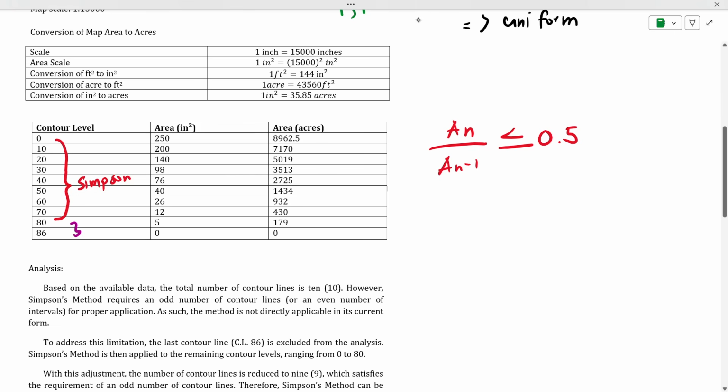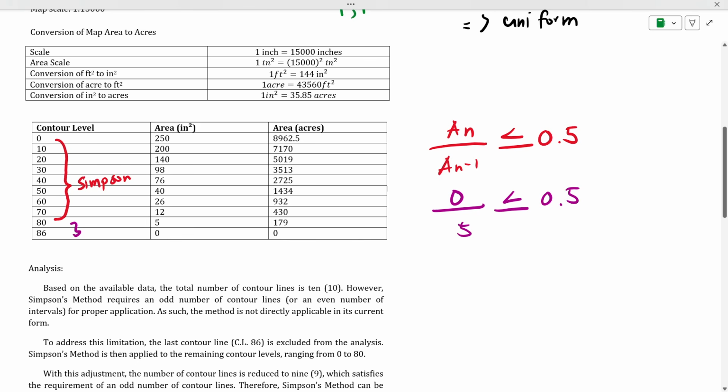Now, the area for A sub n is 0, and for A sub n minus 1, the area is 5. So 0 over 5 is 0, which is less than 0.5.